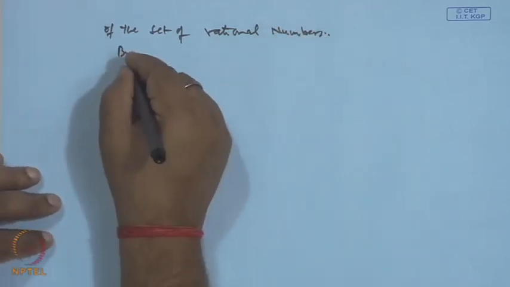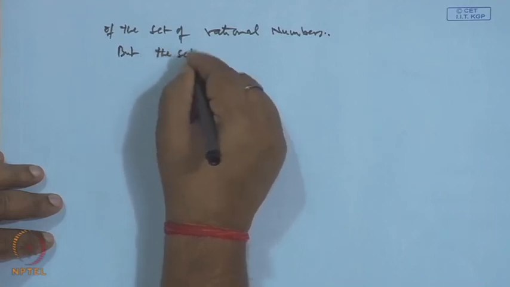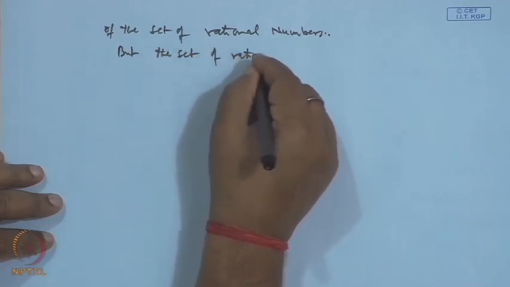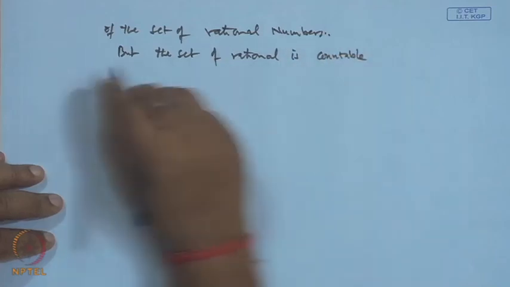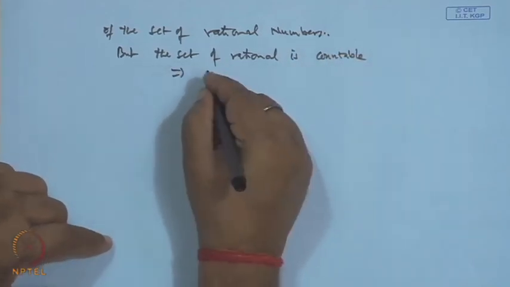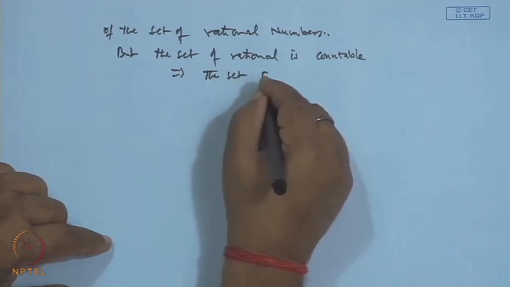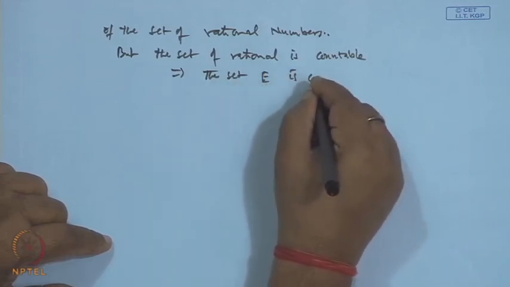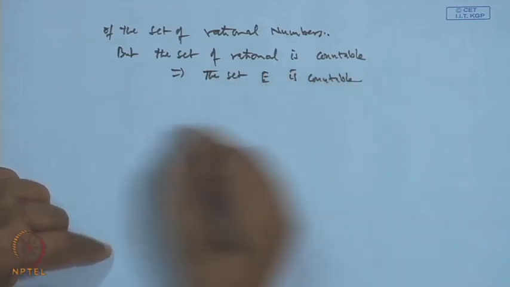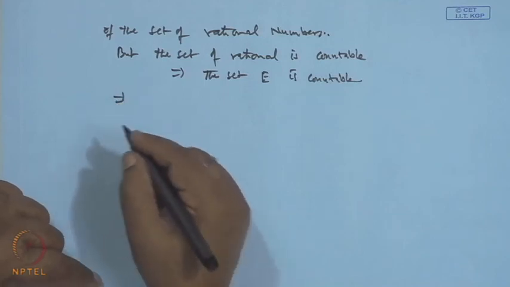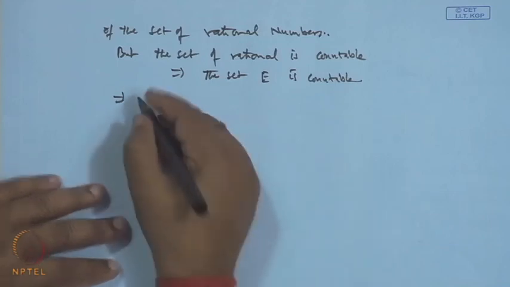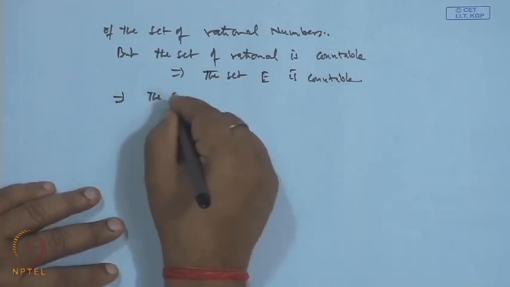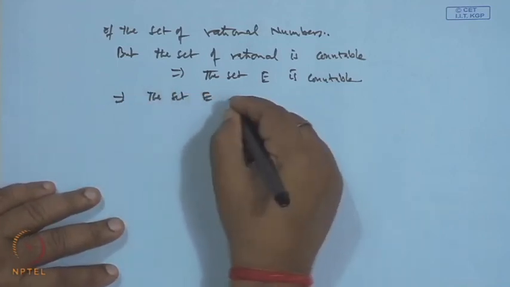But the set of rational numbers is a countable set, and there is a 1-to-1 correspondence between them. This implies the set E is countable.